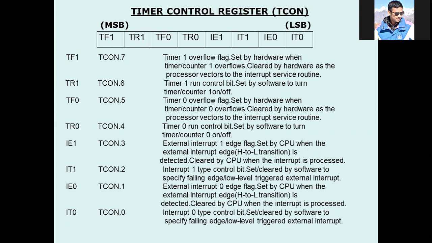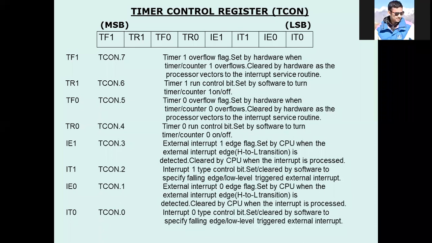So 1 and 0 are there after every nomenclature. This is for timer 1 and timer 0. So TR1 will be for which timer? For timer 1. Timer run control.